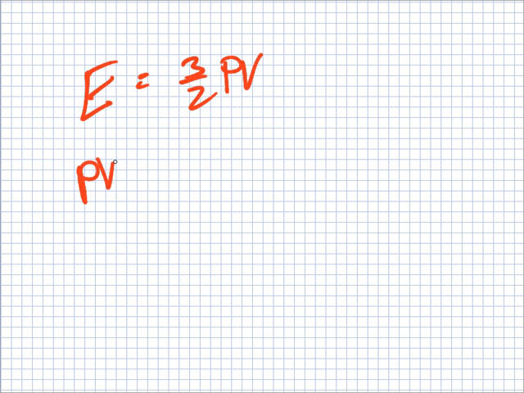So we have two formulas. We can say that the total energy is 3/2 PV, but we also have PV equals NkT. So what happens if I put this formula from today into that formula from last week?